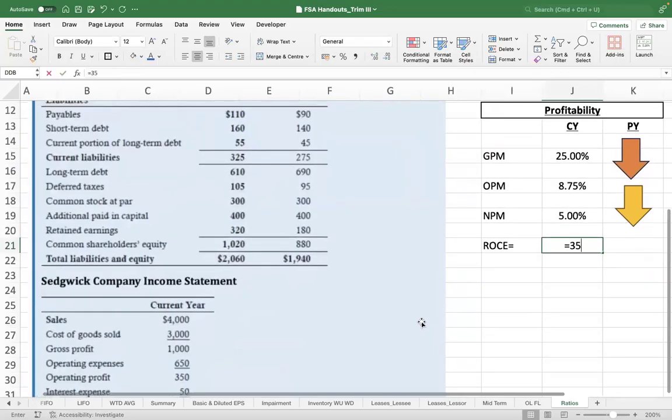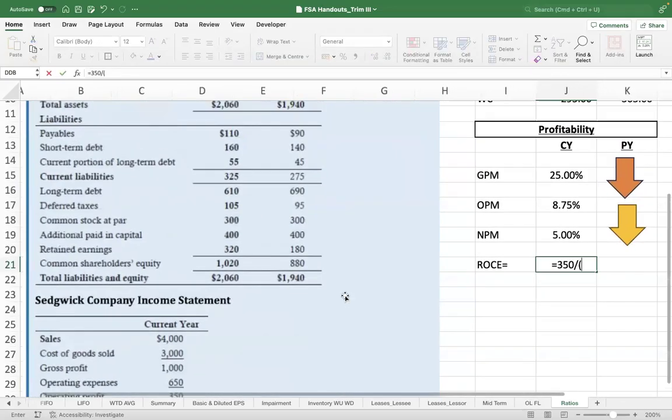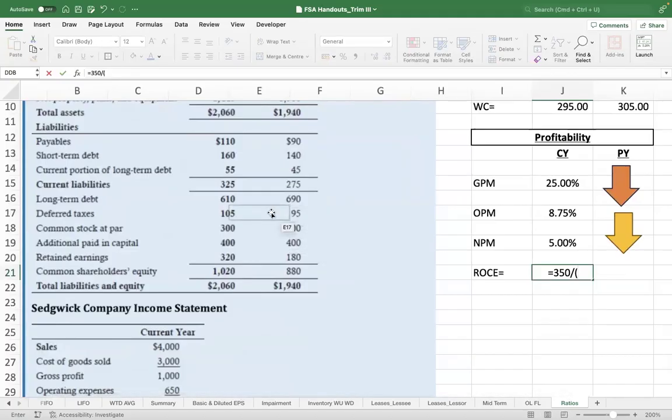So EBIT is 350 divided by capital employed, which is how much? Capital employed will be debt as well as equity, right? So 350 divided by, in fact, if I take just long-term debt and equity, it will be 610 plus 1020.